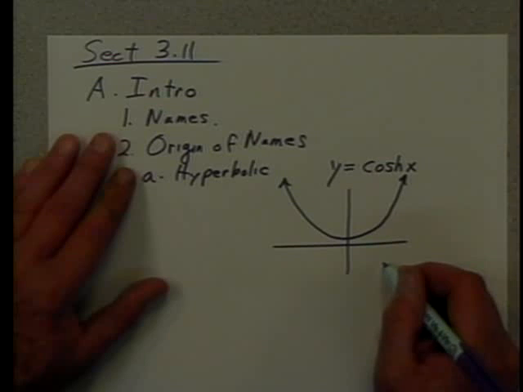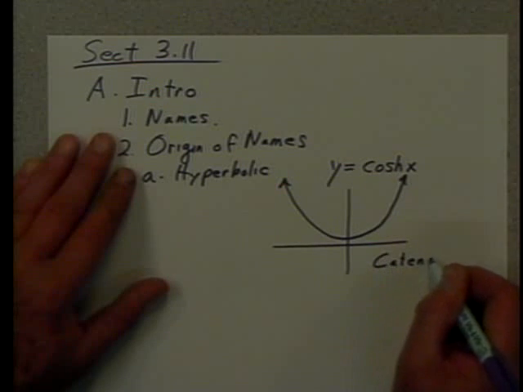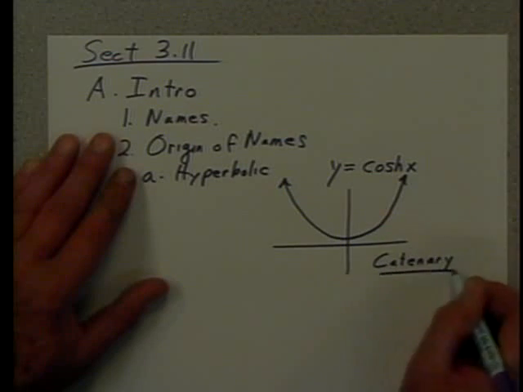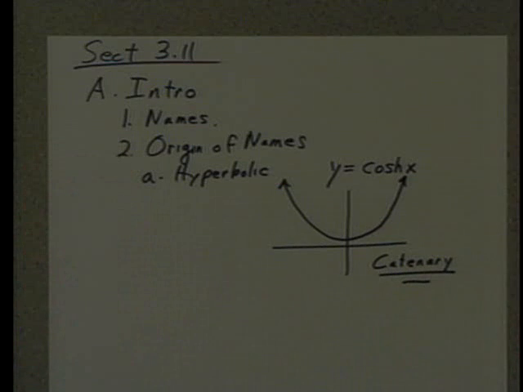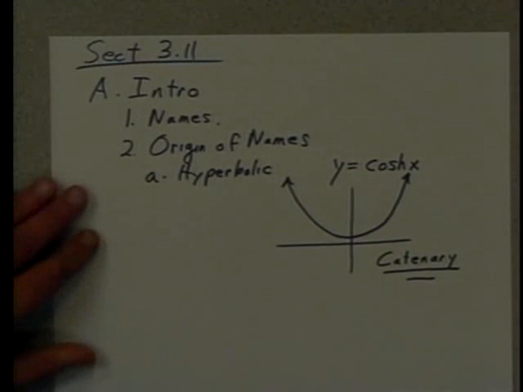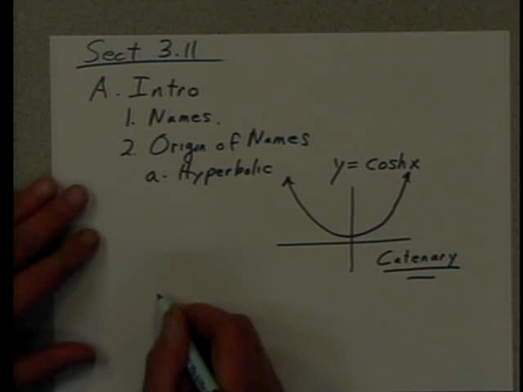It's not a hyperbola either. The official name for the graph of y equals cosh x is catenary. It's called a catenary curve. And I invite you to look up maybe and see where that name came from, although you'll probably figure it out. Okay.